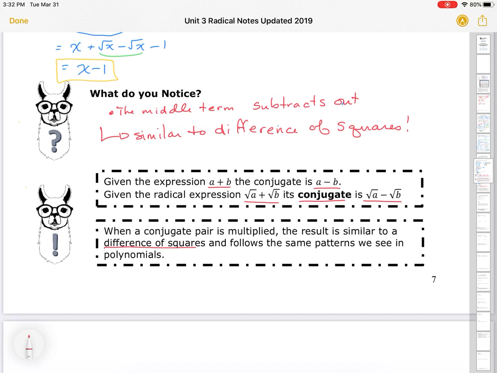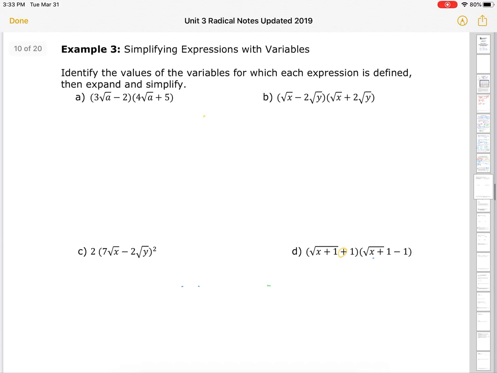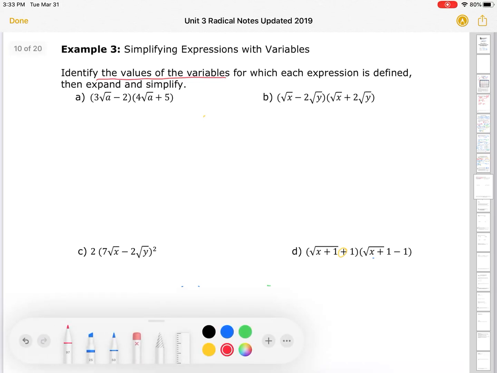So we can use that identification of pattern to help us, and we're going to do that on the next page, looking for that pattern with difference of squares. Okay? Simplifying expressions with variables. Now, the first one, the first thing it says is identify the values of the variables for which each expression is defined, then expand and simplify. So looking at this, I have a variable in the radicand.